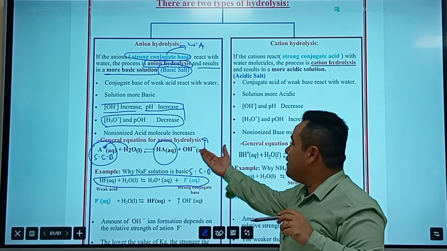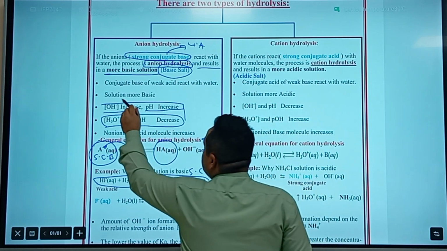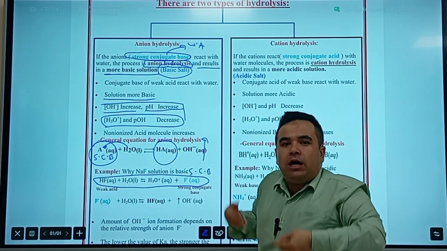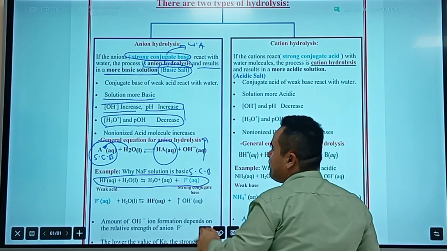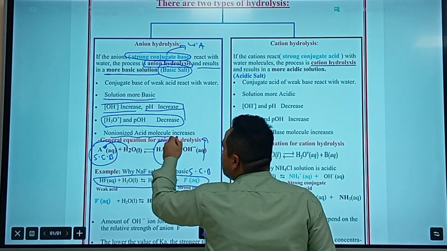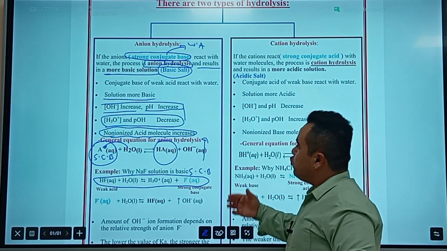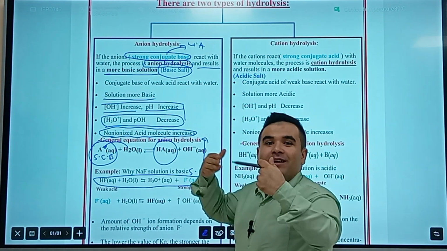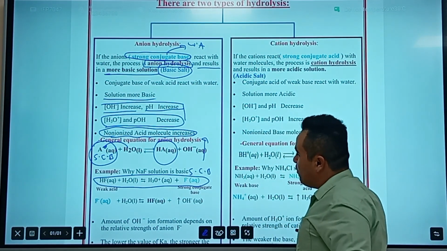So that's how we can understand what will happen in anion hydrolysis. The solution becomes more basic. As you can see, more hydroxide increases, the solution becomes more basic, and the non-ionized acid molecule as well increases. It will produce more of the acid molecule, HA. This is the non-ionized acid molecule, which will be formed more.